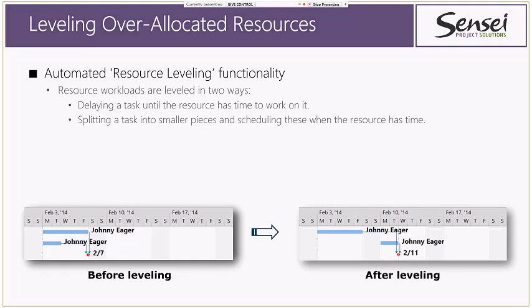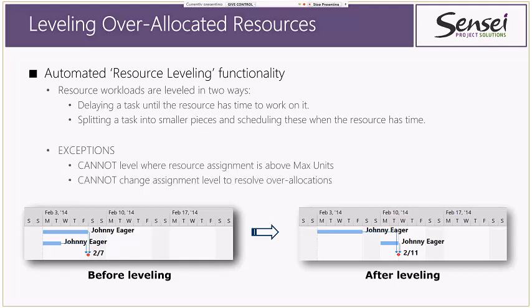A couple of exceptions that we have to understand here. One is if you set your resource assignment above the max units. So in the example earlier with Johnny, if you assign Johnny at anything above 75% to an individual task, it will ignore that assignment because it's assuming that you have made a deliberate over-allocation to meet a certain deadline, for example.